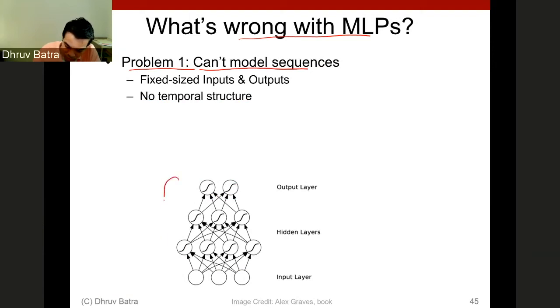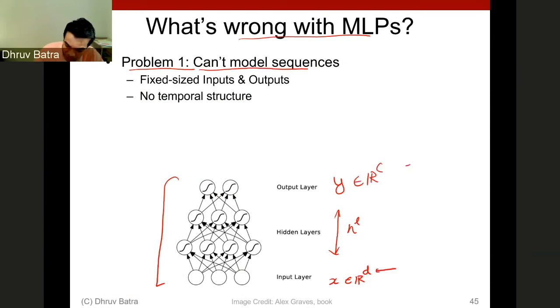As soon as you define an architecture in an MLP or a fully connected neural network, you have an X, you have a Y, and maybe in between you have some number of hidden layers H_l. But as soon as you talk about X and Y, you commit to a particular input size. So you commit to X coming from R^D and Y belonging to R^C.